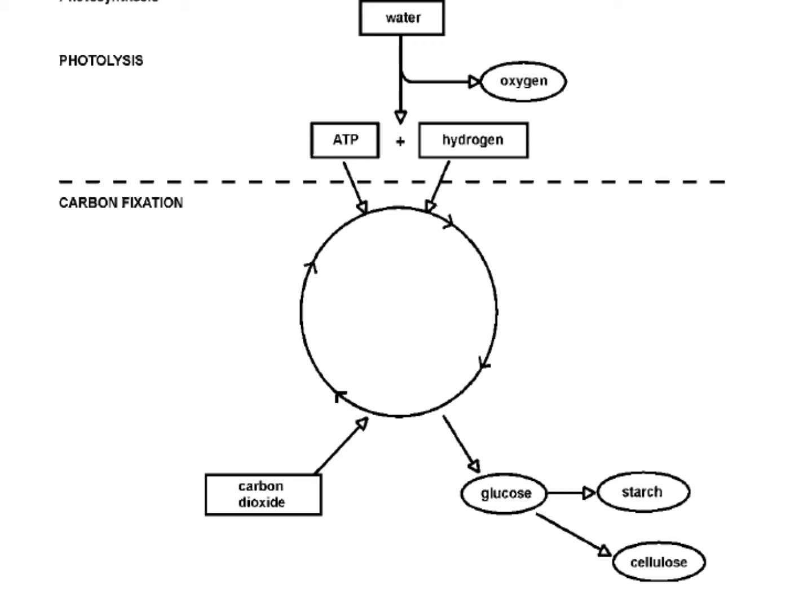Or it might need to repair damage to a cell wall, and it might change some of the glucose into the carbohydrate cellulose, which we learned about again in Unit 1. Plant cells have cell walls made of cellulose, and that's made of glucose molecules all joined together.